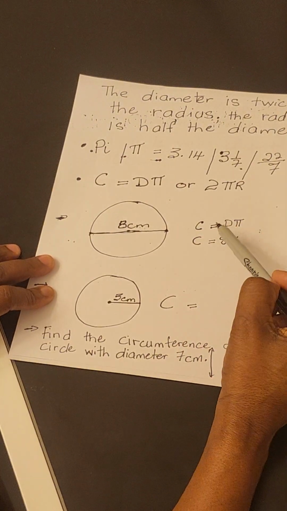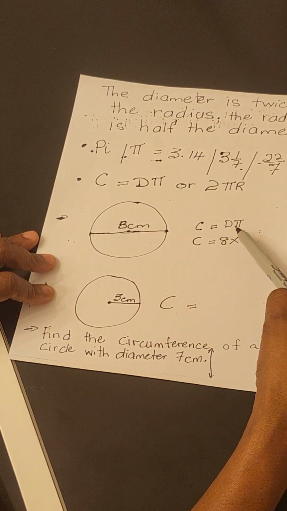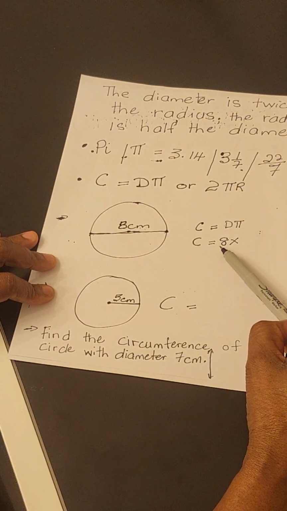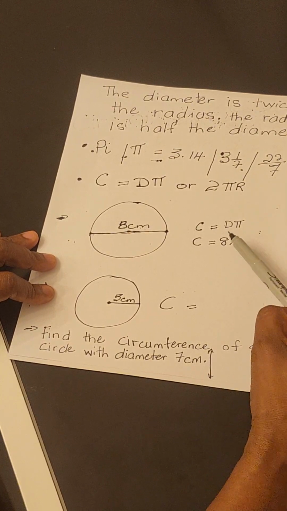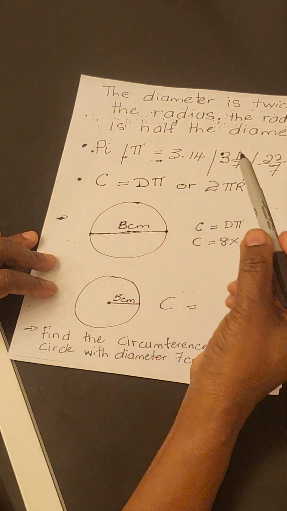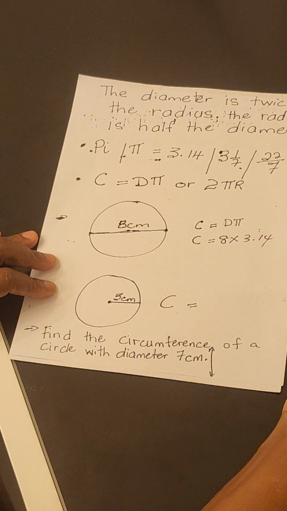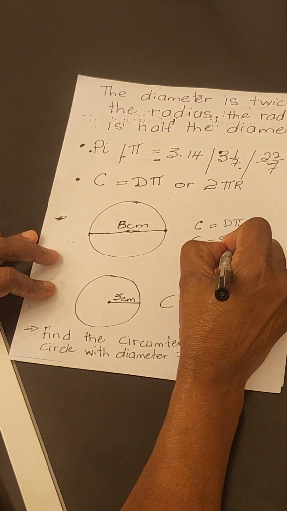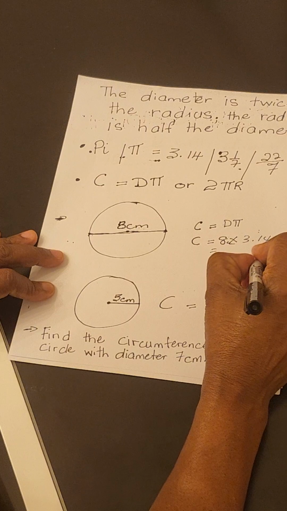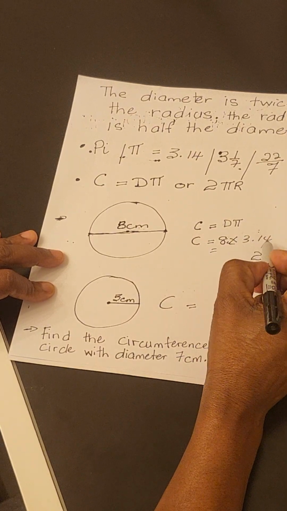Now we are going to decide which of these numbers to use for pi. Because 7 is not a factor of 8, 7 cannot divide 8 without leaving a remainder, I would prefer to use 3.14. Okay? And so I'm going to multiply 8 times 4 is 32.